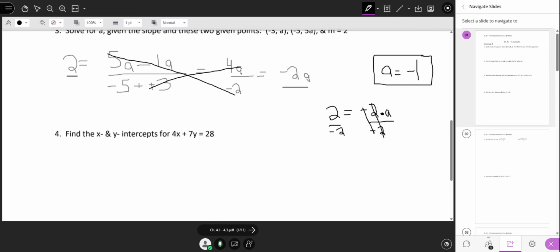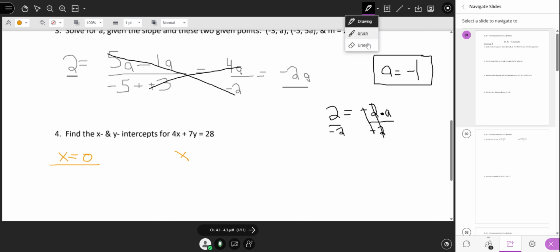I like number 4. This setup is called standard form of a line. And when this happens, what you're going to do is set this up like this.